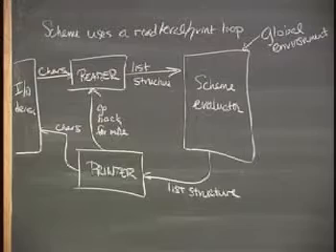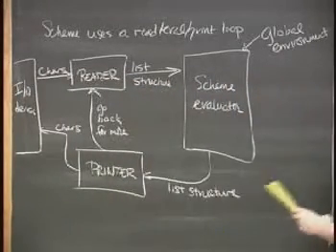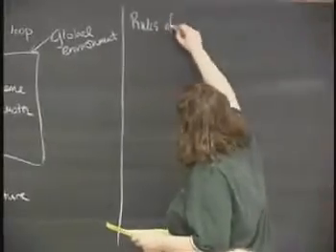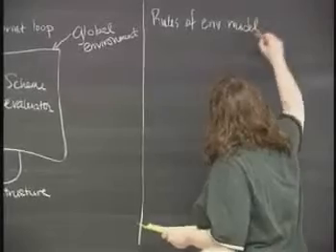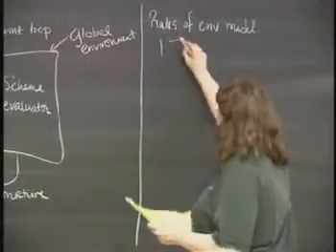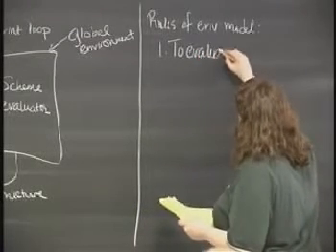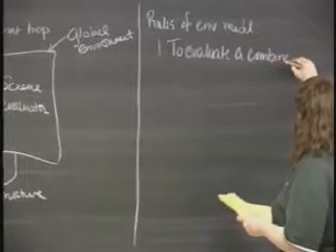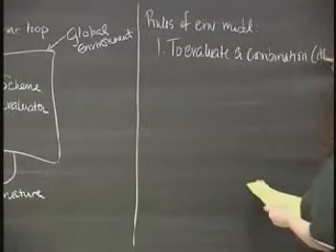I'd like to remind you guys of the rules of the environment model. The first rule is to evaluate a combination other than a special form.